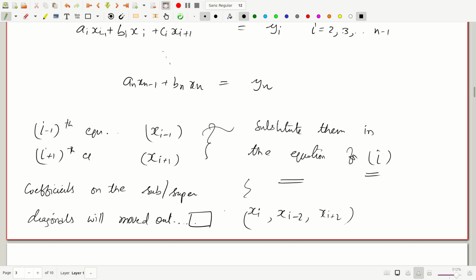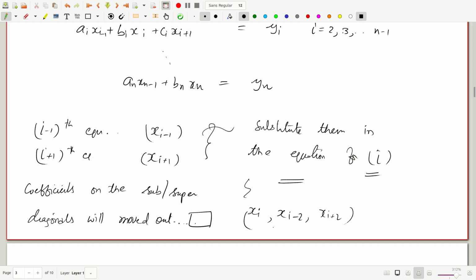Now if you apply the same formula recursively, these will be moved out further and so on until they are completely eliminated from the matrix itself. So essentially the recursive doubling algorithm will repeat the same process of elimination for x(i-1) and x(i+1), and thereafter for x(i-2) and x(i+2), and x(i-4) and x(i+4), and so on, until you get just a diagonal matrix. Essentially you don't have any other elements, everything else will be 0, and that is the idea of recursive doubling.